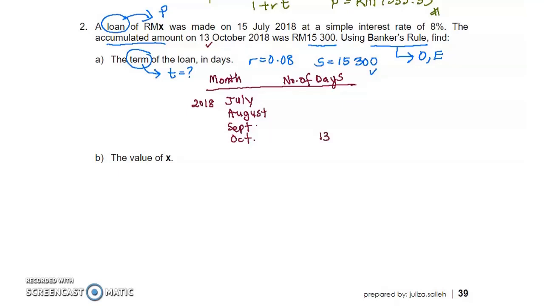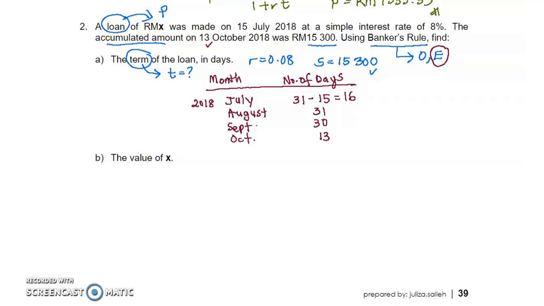Banker's rule means using exact time, so follow the number of days in that particular month. July has 31 days, and we start on 15 July, so minus 15, leaving 16 days in July. August has 31 days, September has 30 days.